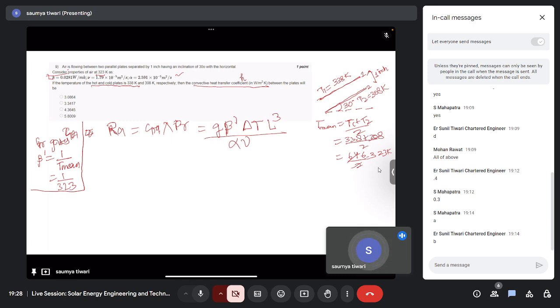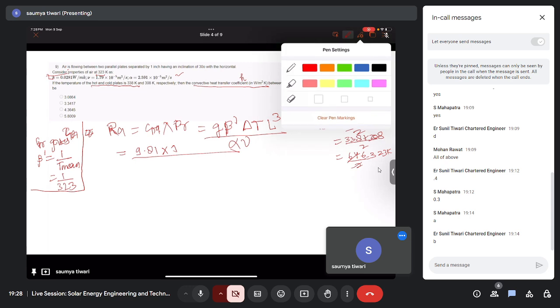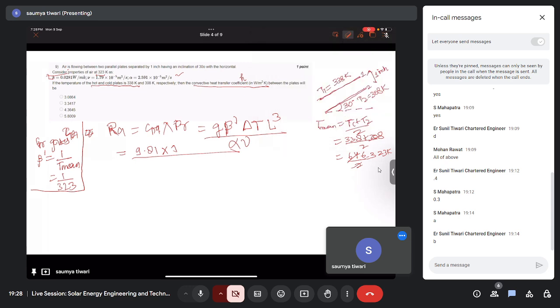If we put all the values into the equation, g will be 9.81, beta dash is 1 by 323, and delta T is basically 338 minus 308, which is 30 degrees, right?